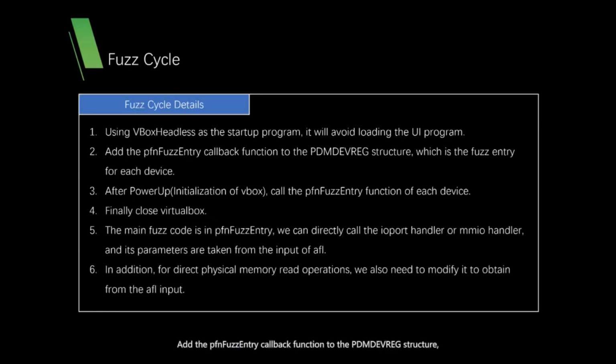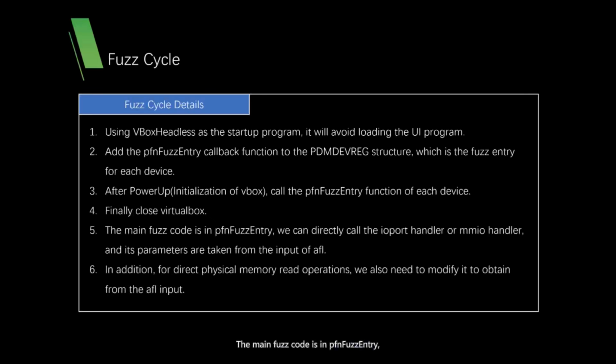Second, I add the pfnFuzzEntry callback function to the PDM device register structure, which is a fuzz entry for each device. And after power up, I will call the fuzz entry function of each device. Finally, close the VirtualBox.